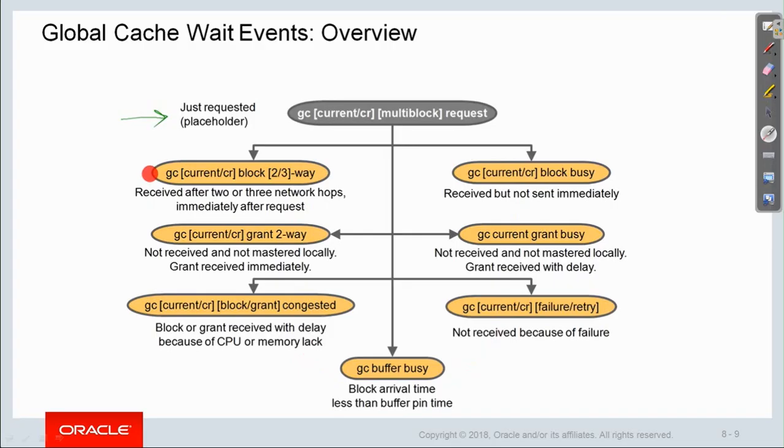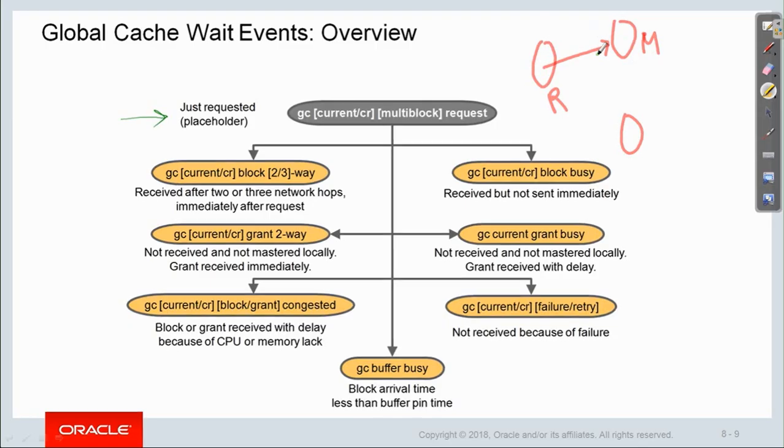So in this example, global cache current and consistent read block, two-way and three-way. The idea is very simple. Suppose that you have a 3-node cluster, and we have a master instance here and a requesting instance here. The requesting instance requests a block.